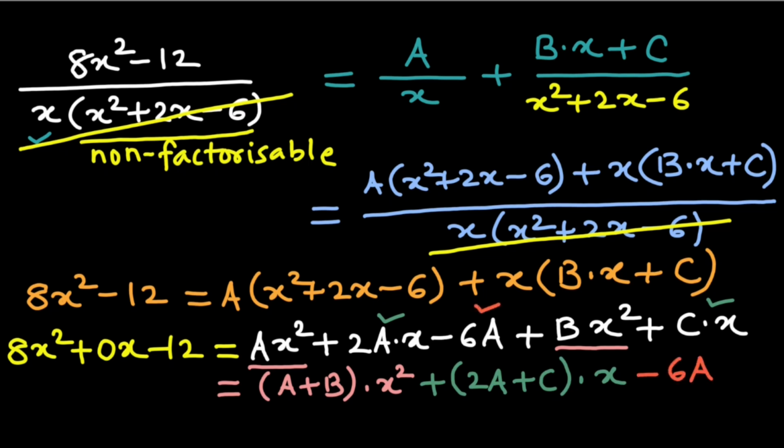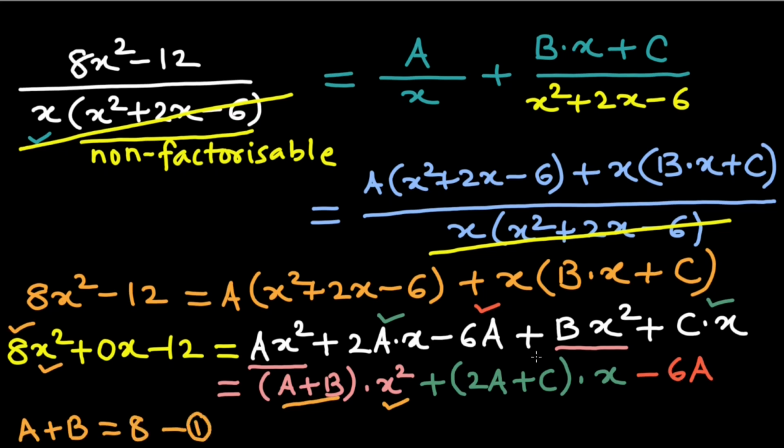We will equate the coefficients of the like terms and get equations. So first, we will equate the coefficients of x² on both the sides and get the first equation, which will be A + B = 8. So that is our first equation.